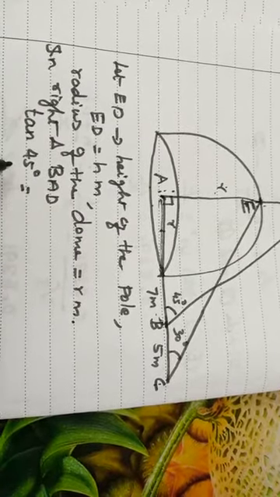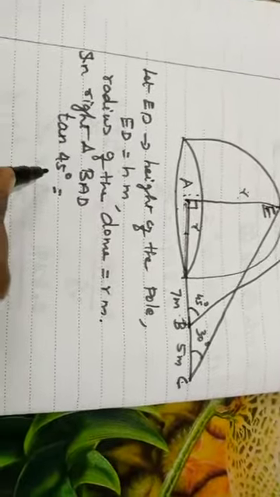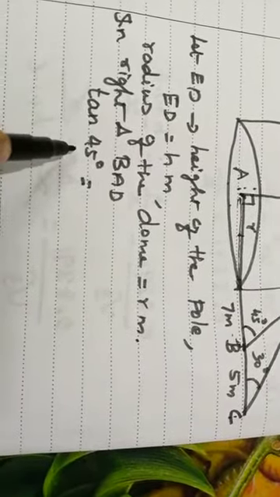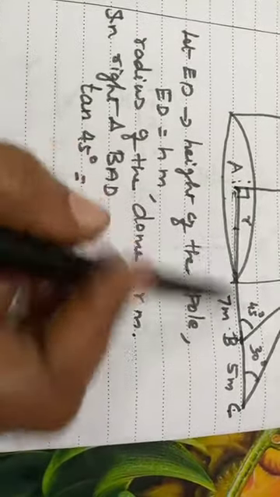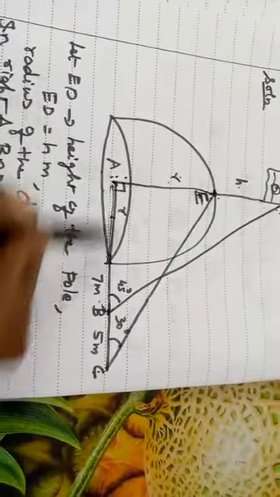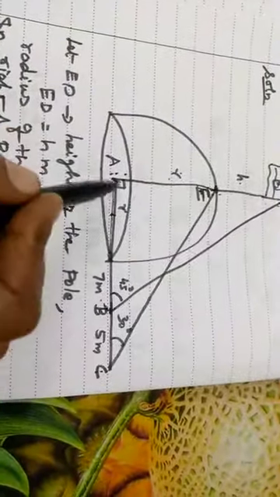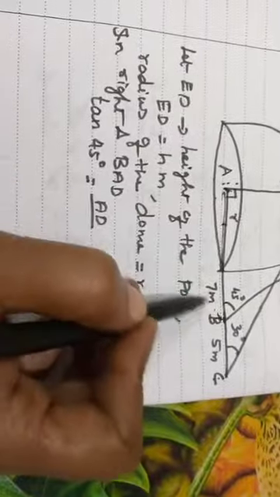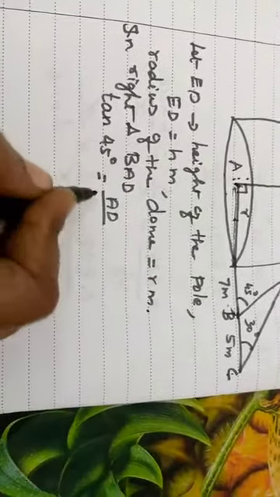So the tan ratio can be used here. Okay, tan 45 value is 1. Tan 45 is equal to opposite side AD. Okay, this right triangle we are taking, BAD. So opposite side we have AD, this total distance, by adjacent we have AB.